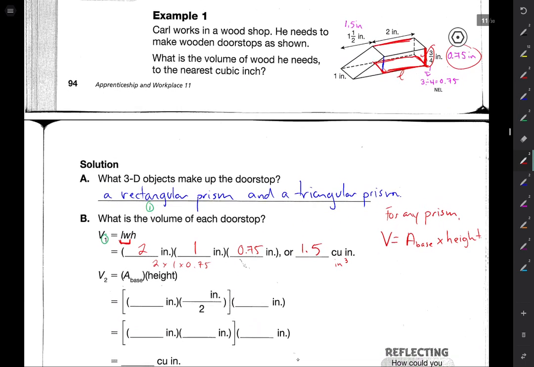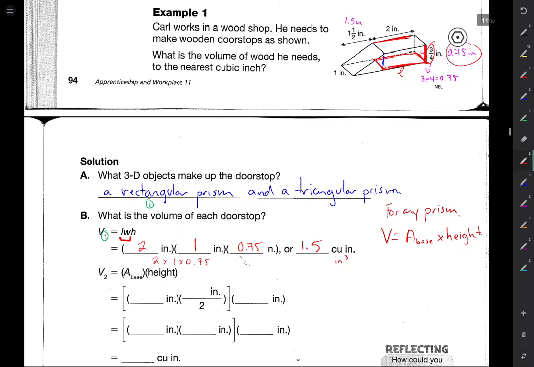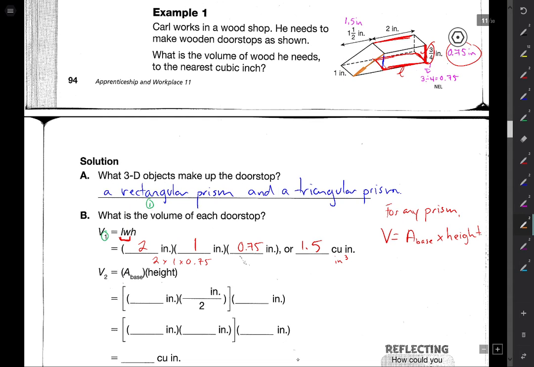Next, let's find the volume of that triangular prism at the front. So again, we have to do the area of the base times the height. And this time, the base is always the matching side or the matching shape of a prism. So in this case, it is a triangle. So we need to find the area of that triangle.